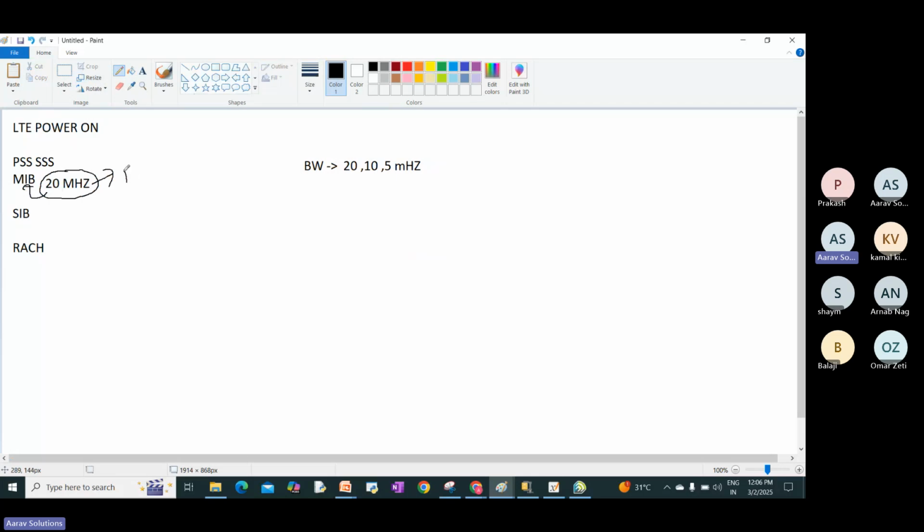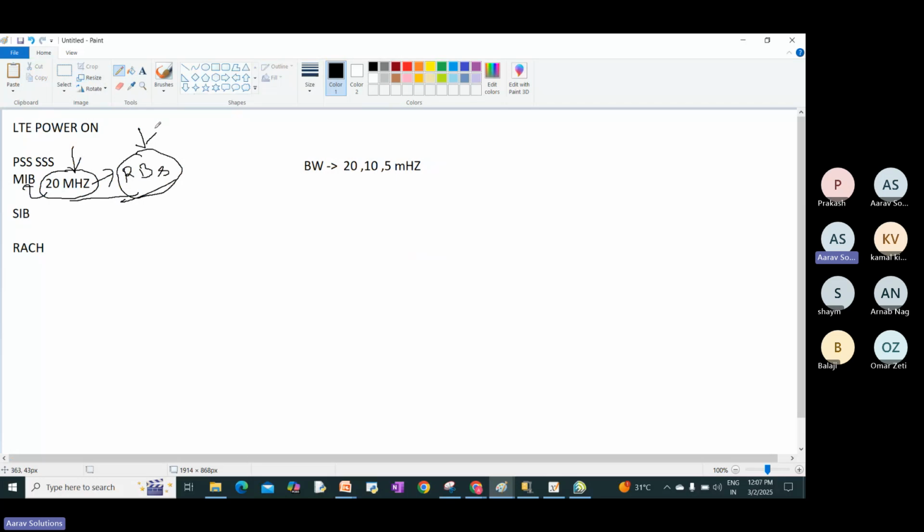You will see this in terms of RBs. So practically what you see in the tool and what you understand in the discussion are sometimes slightly different. The concept remains the same, but the representation is slightly different.